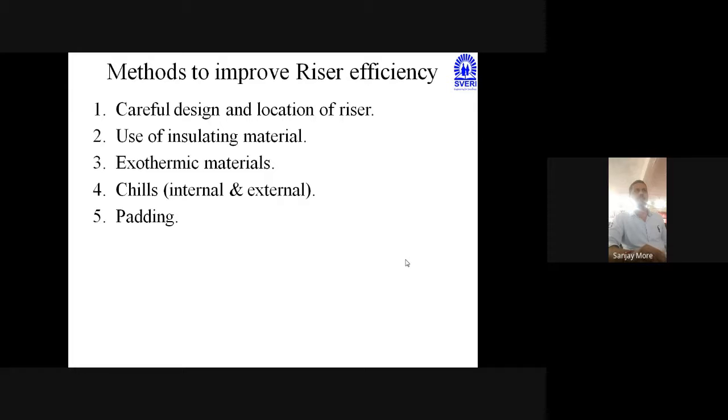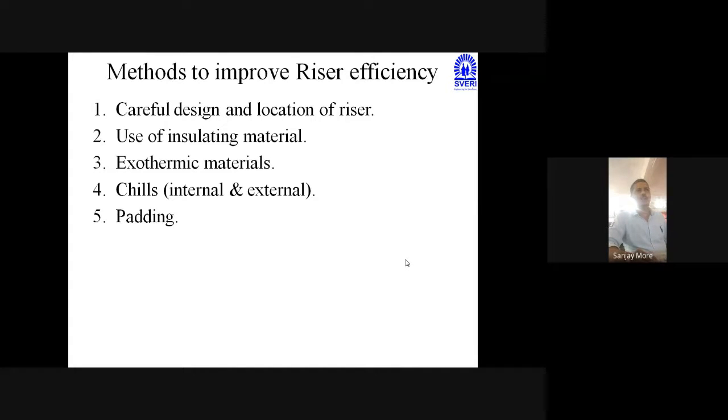And here, methods to improve riser efficiency. Which methods are used to improve the riser efficiency? Give the heading methods to improve riser efficiency. Okay.